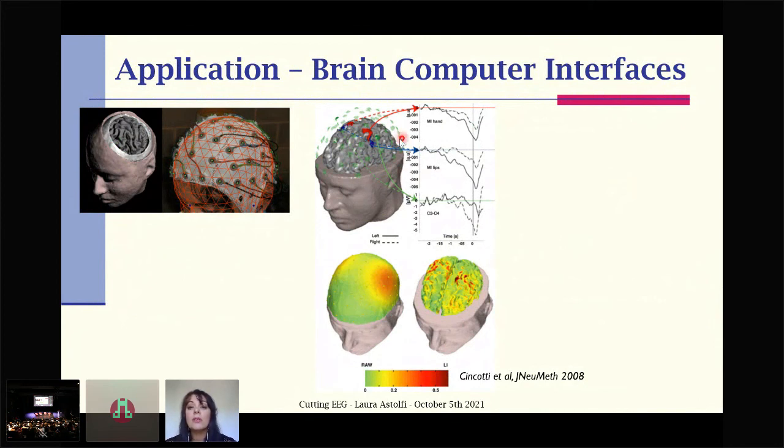So this can be used even in real time to project or to infer the localization of the specific activity, with the advantage of having a higher capability of discriminating different parts, for instance, of the motor cortex, which can be extremely useful for brain-computer interfaces applications.